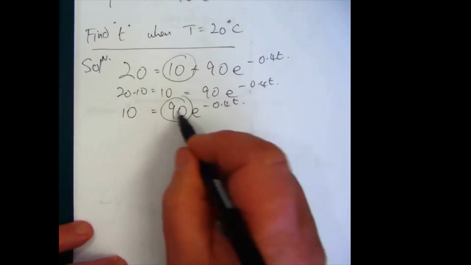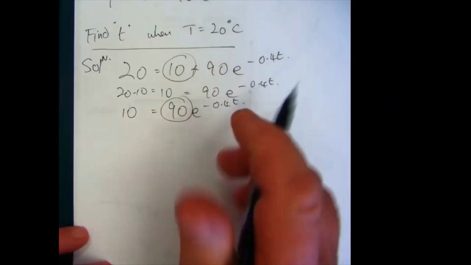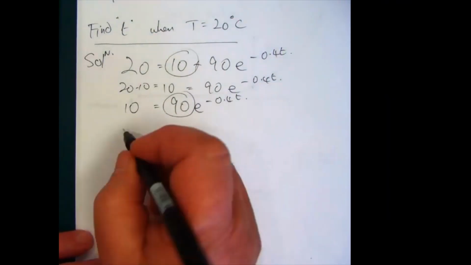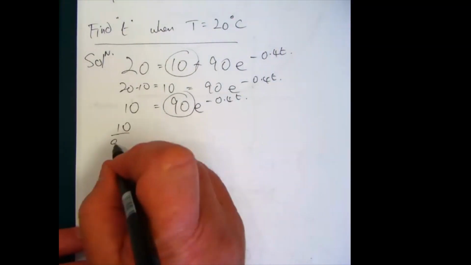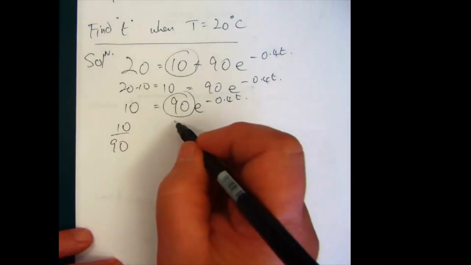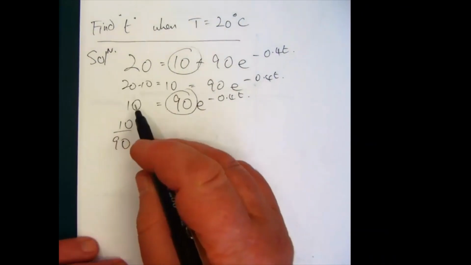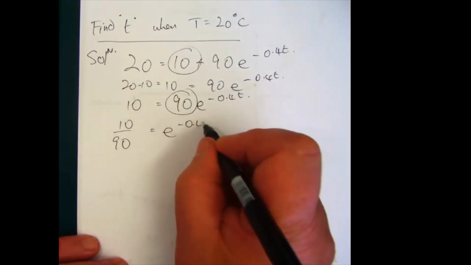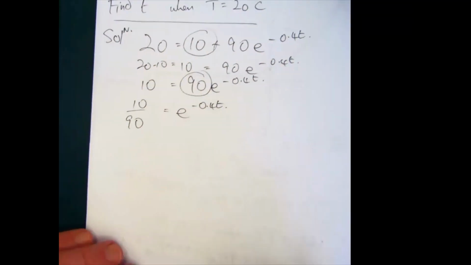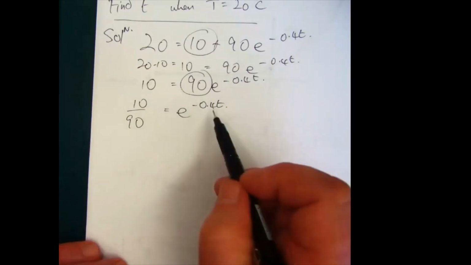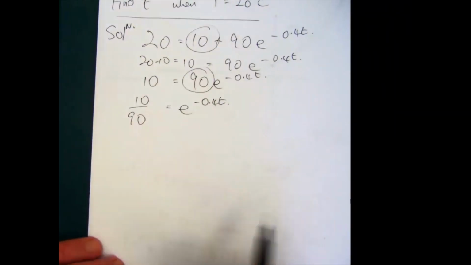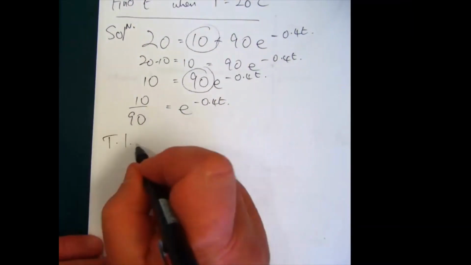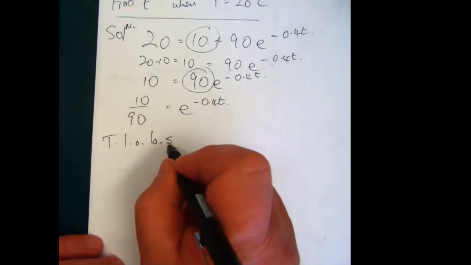This multiplies this. I want this term by itself, so if I take this to the other side, I've got 10 over 90. I do the opposite process, remember, change side, you change sign of the operation. So now we're in a very strong position to work this out. This is as simple as it can get before we bring in our famous taking logs of both sides.